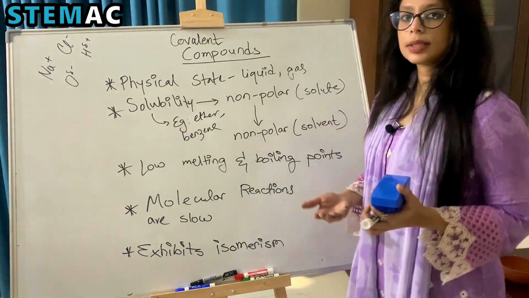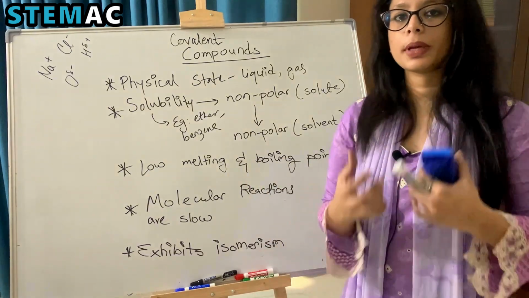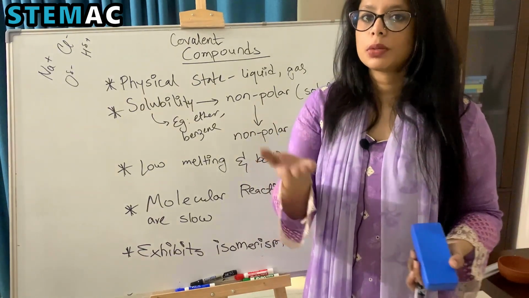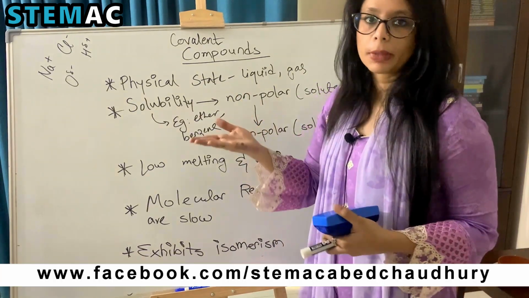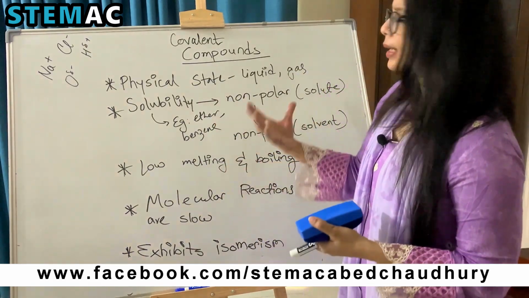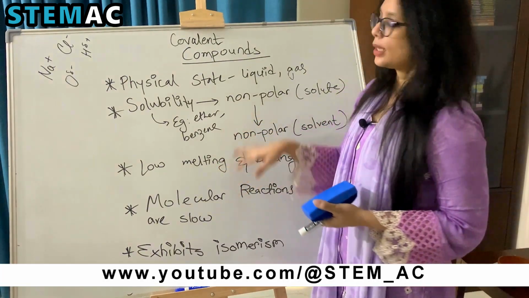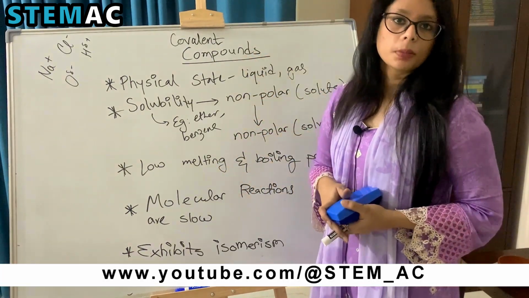Like water is polar, but oil is not polar. So what happens when you mix oil and water? The oil would always float at the top. So this is just like that, since oil is non-polar, in oil kinds of organic compounds like benzene and ether, these non-polar covalent compounds are soluble.